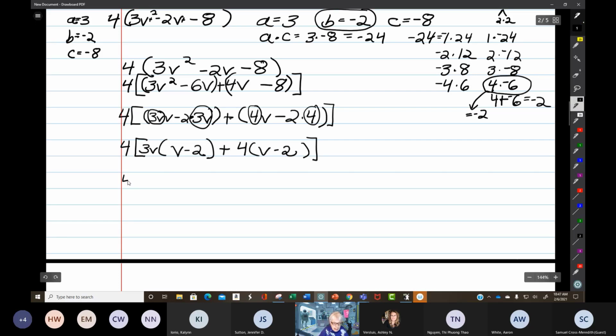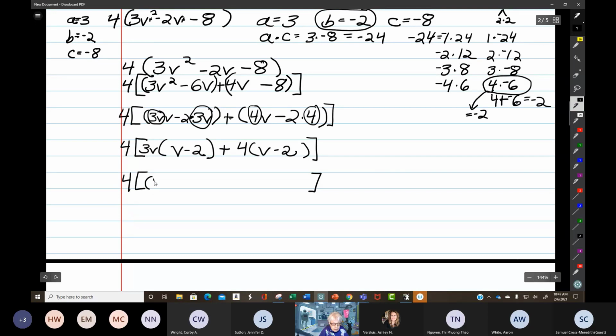So here's 4, hasn't been used yet. Well, it's not going to be used, we pulled it out. Bracket, bracket. This V minus 2 is now the GCF for the entire expression in the brackets.